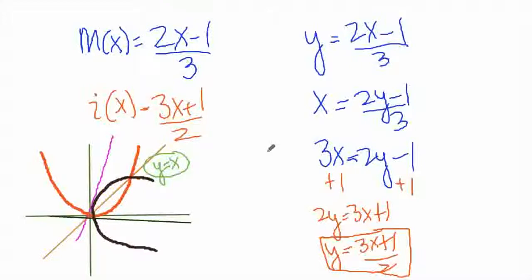If you want to know if a function is invertible, there's a horizontal line test. What you want to avoid is having functions that have horizontal pieces.